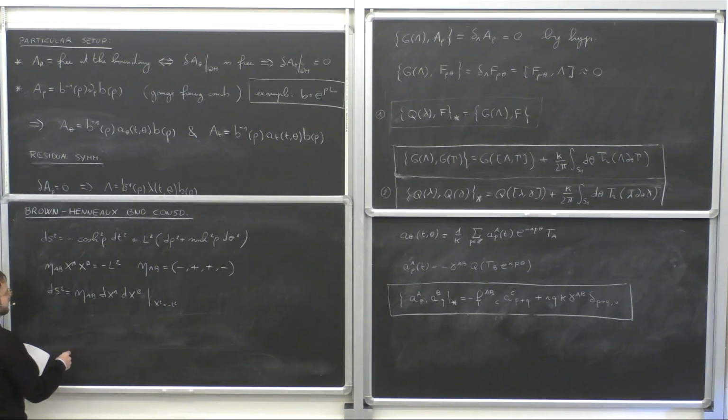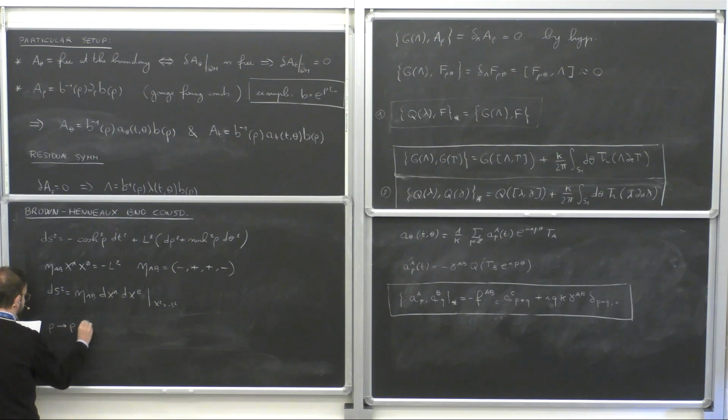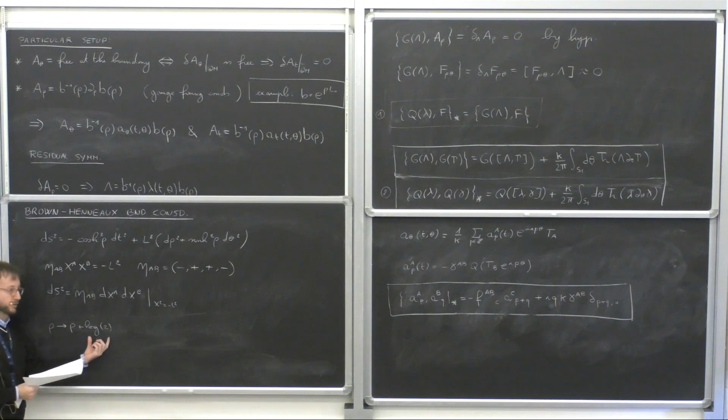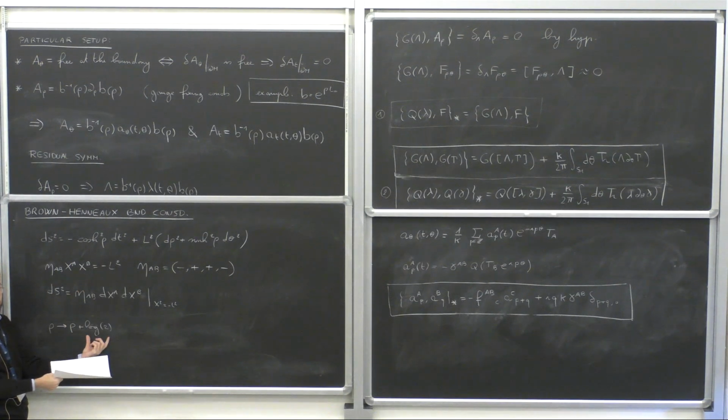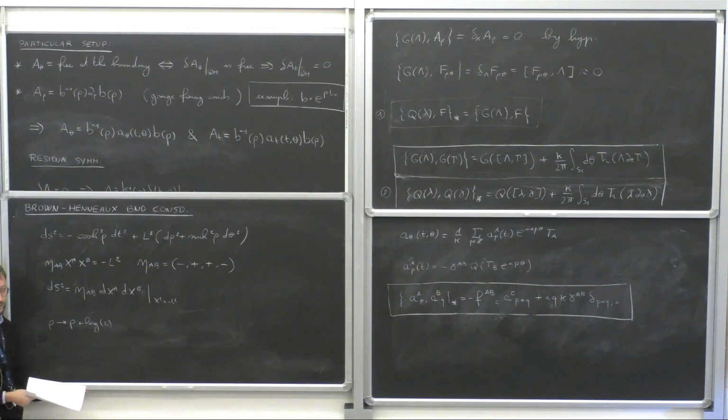Now, one thing that you can do is that these coordinates are not the ones I'm going to use. I just do a simple change of coordinates, sending rho into rho plus the logarithm of 2. Why am I doing something so crazy? It's just to match this parameterization, which is probably familiar to at least some of you, the one typically used in this three-dimensional context.